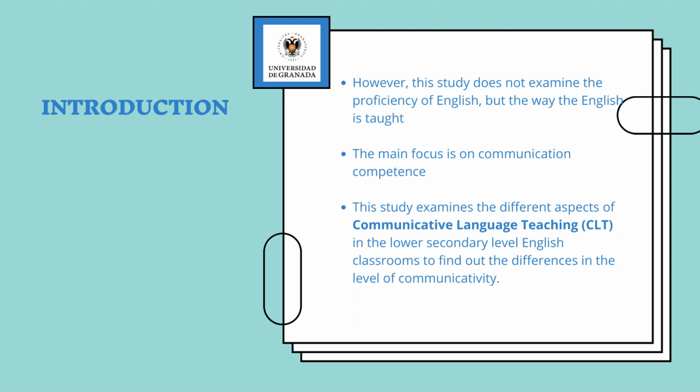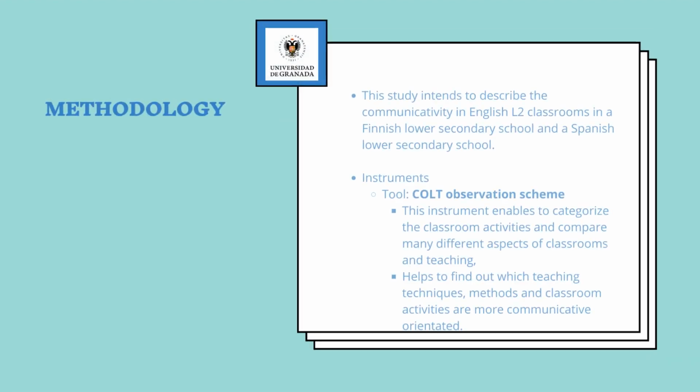The main focus is on communication competence, as communicative language teaching, CLT, emphasizes the ability of communication. This study examines the different aspects of CLT in the lower secondary level English classrooms in two schools to find out the differences in the level of communicativity.